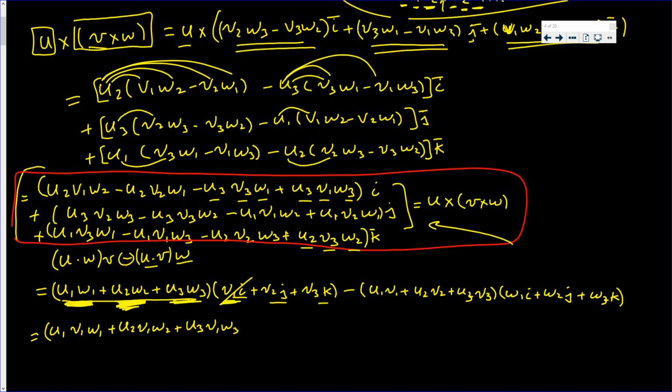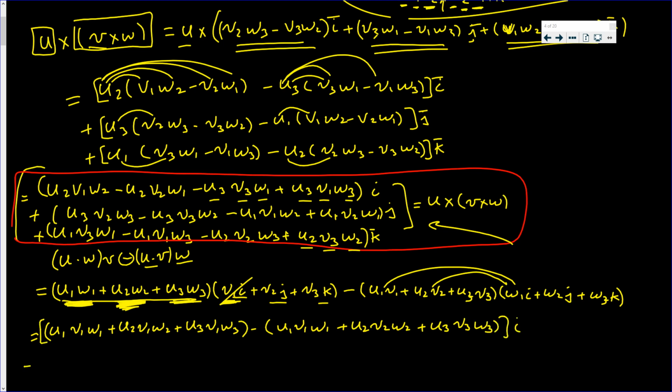You know what? While we're at it, let's take away what we have here for the i's. So I multiply those. I get U1 V1 W1 plus, and then I distribute there, U2 V2 W2 plus U3 V3 W3. And all of this is in the i direction. Now we add the j's.